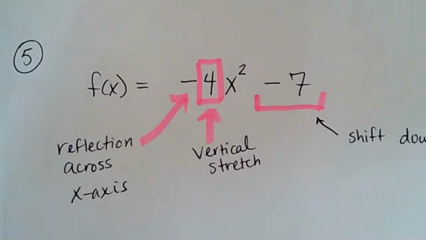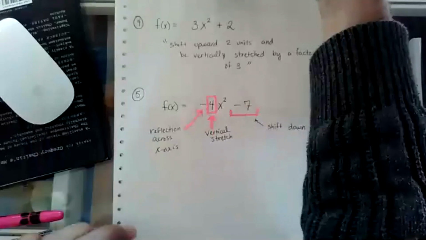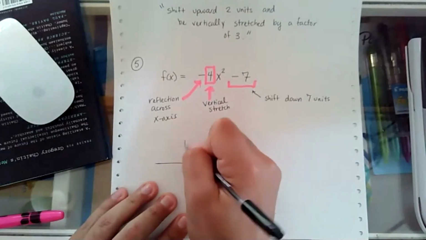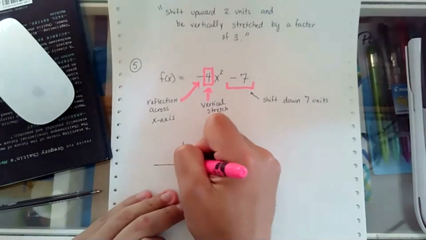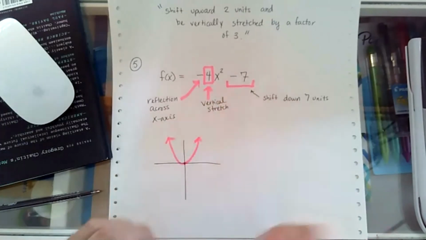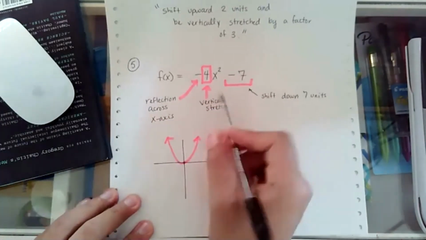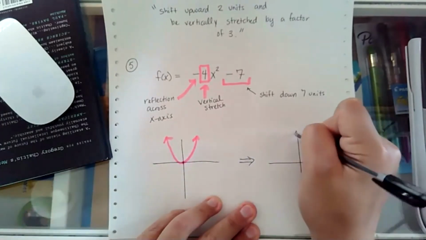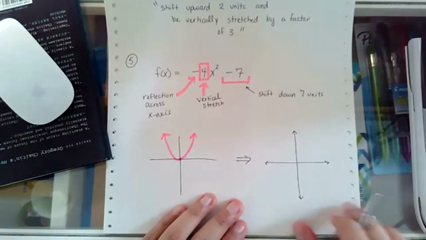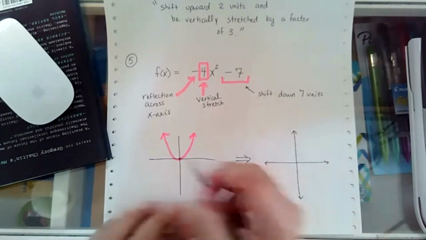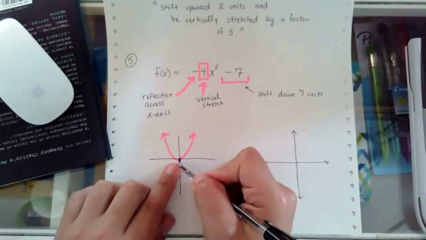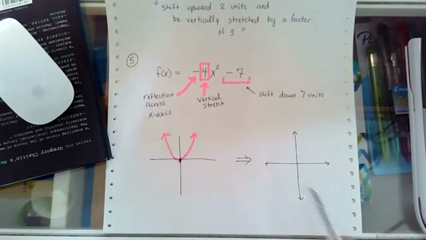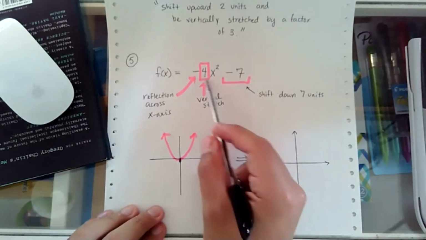And maybe I'll stop sharing just briefly, because I sort of want to do a magic trick, right? If I know that the parent function starts at the origin and looks something like this, then based on this transformation that I've given you, a rough sketch of what I should be seeing when I throw this into Desmos is that I should move this reference point down 7 units, flip my parabola upside down because I'm reflecting on the x-axis, and then make it a little bit skinnier.